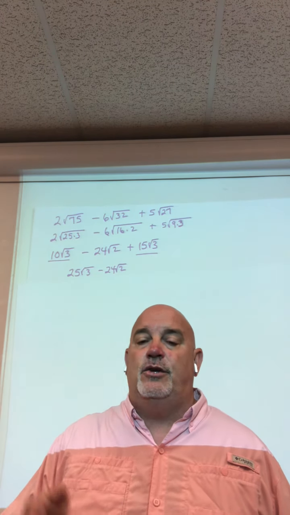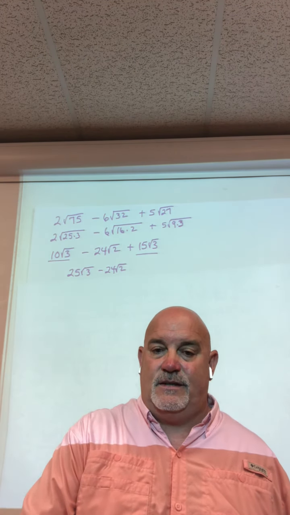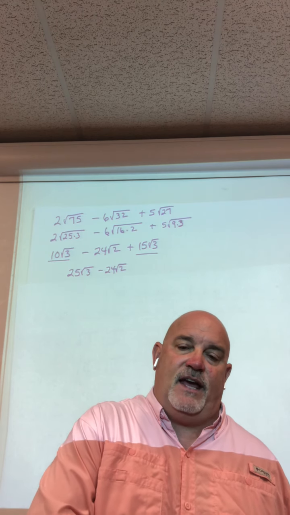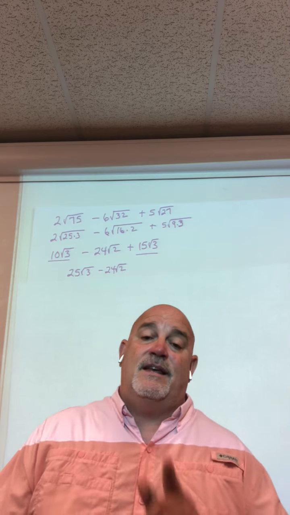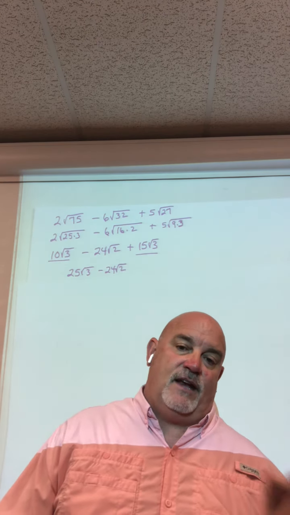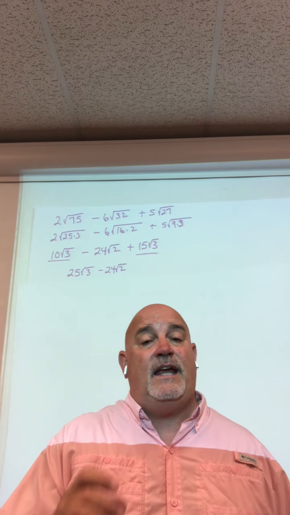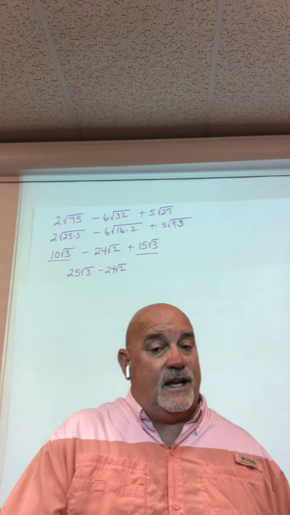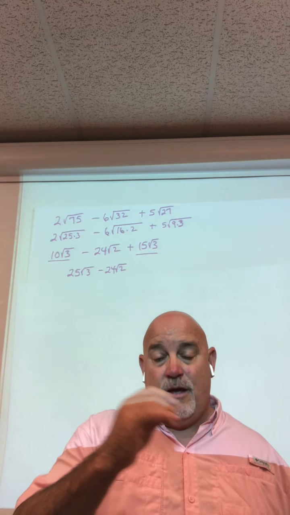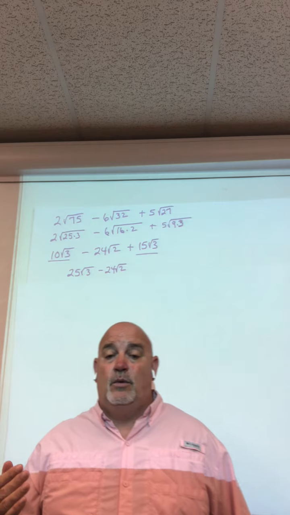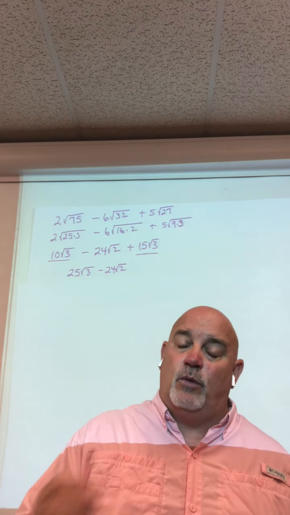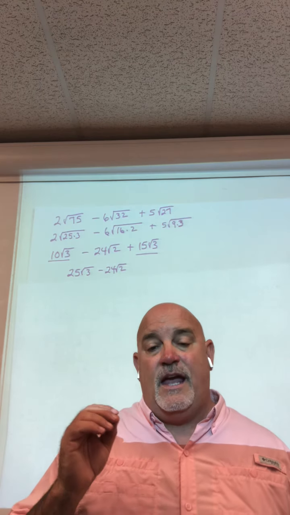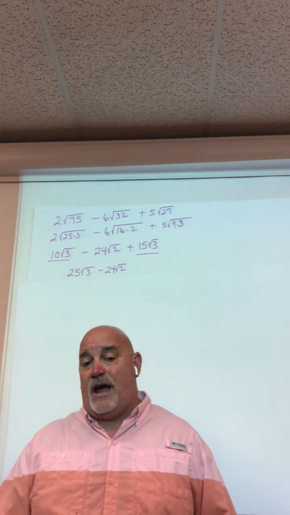Like, what is 2x plus 7x? 2x plus 7x is 9x. But what is 2x times 7x? That's 14, not x, 14x what? Squared. Because the multiplying rule, you keep the base and add the exponents.